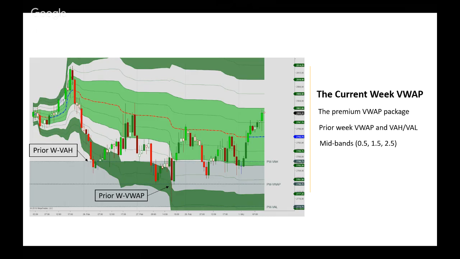And as you see here, the premium version also comes with the mid bands. So we have here the upper 0.5 standard deviation resistance. And then we have here the lower 1.5 standard deviation, lower 2.5 standard deviation.